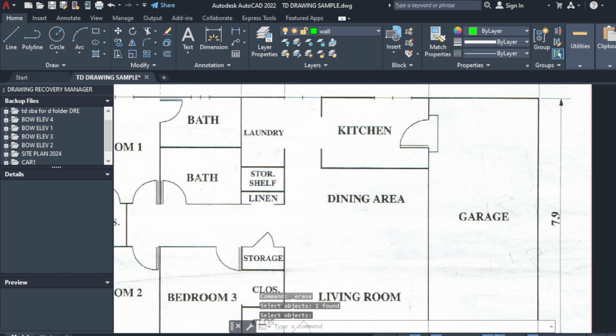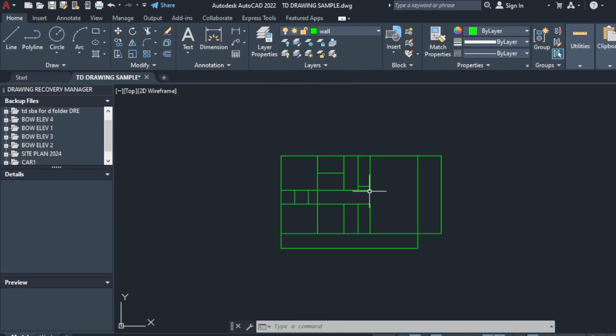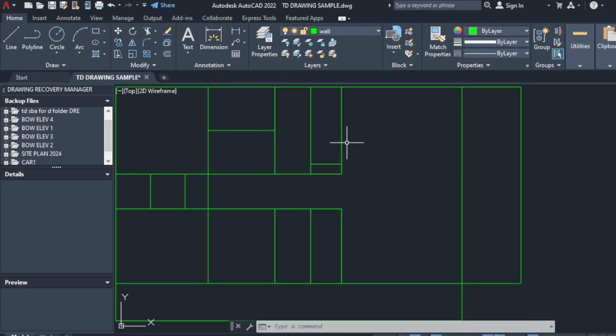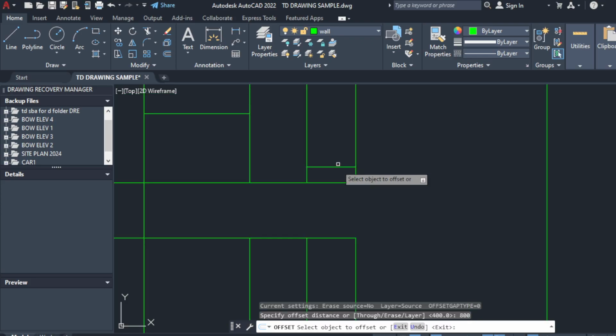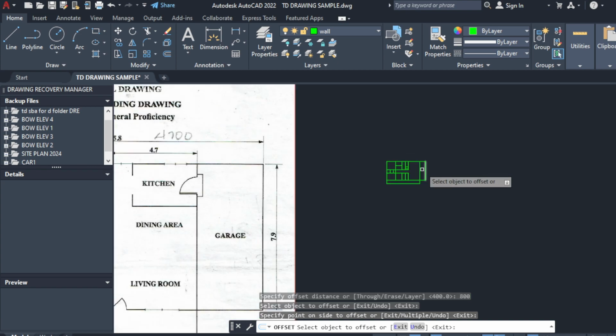My storage shelf could be anywhere between 600 to 800. I'll use it at 800 millimeters. Storage shelf, right?